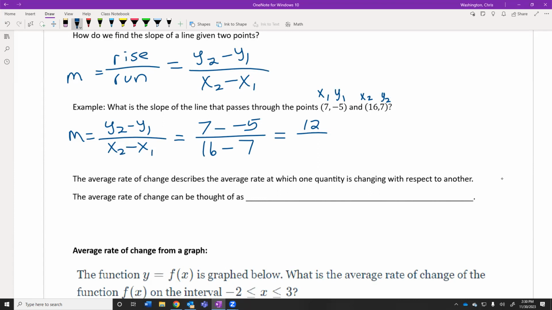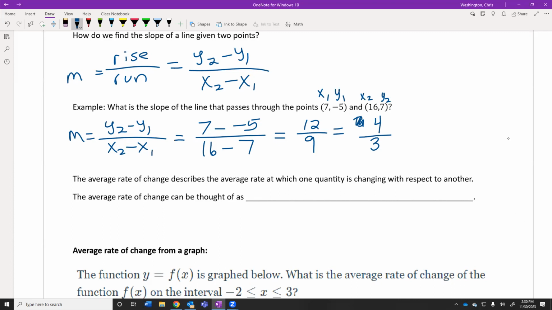And 16 minus 7 is 9. And we can simplify that. We can divide both of those by 3. 12 divided by 3 is 4, and 9 divided by 3 is 3. So we can simplify both of those.